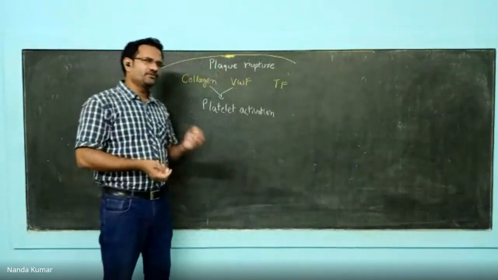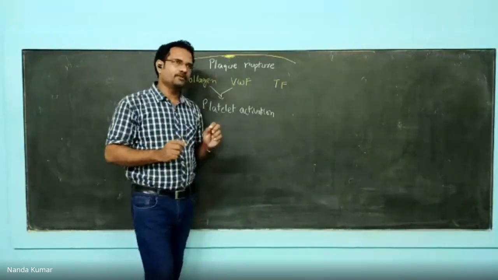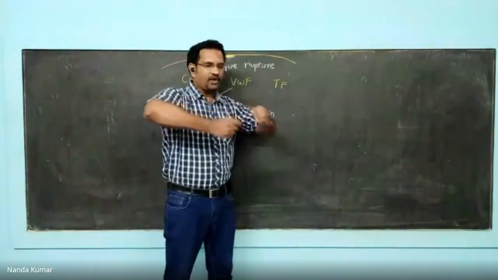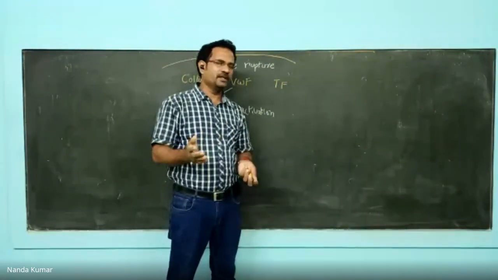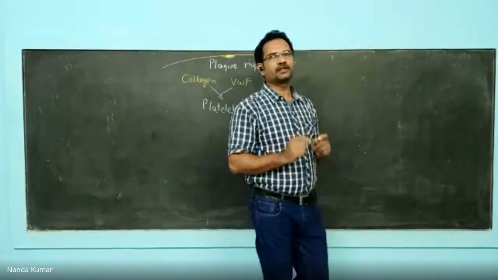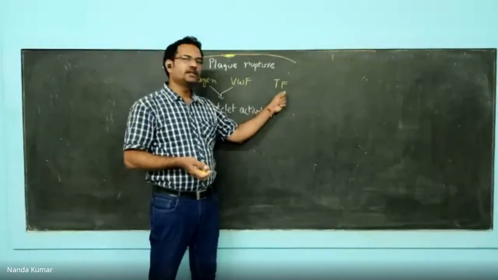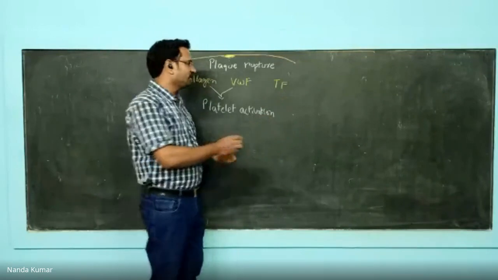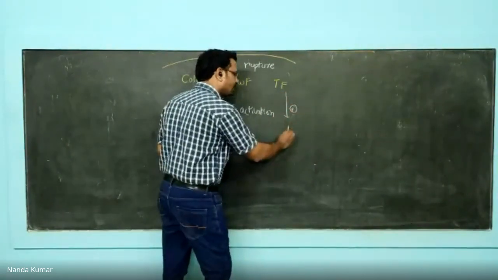But to form platelet aggregation, they need the help of fibrin. What is the job of fibrin? Fibrin ties all these platelets together and forms an aggregate. How is fibrin generated? Fibrin is generated through the coagulation process. How is the coagulation process activated? By this tissue factor. The job of tissue factor is that it activates thrombin.